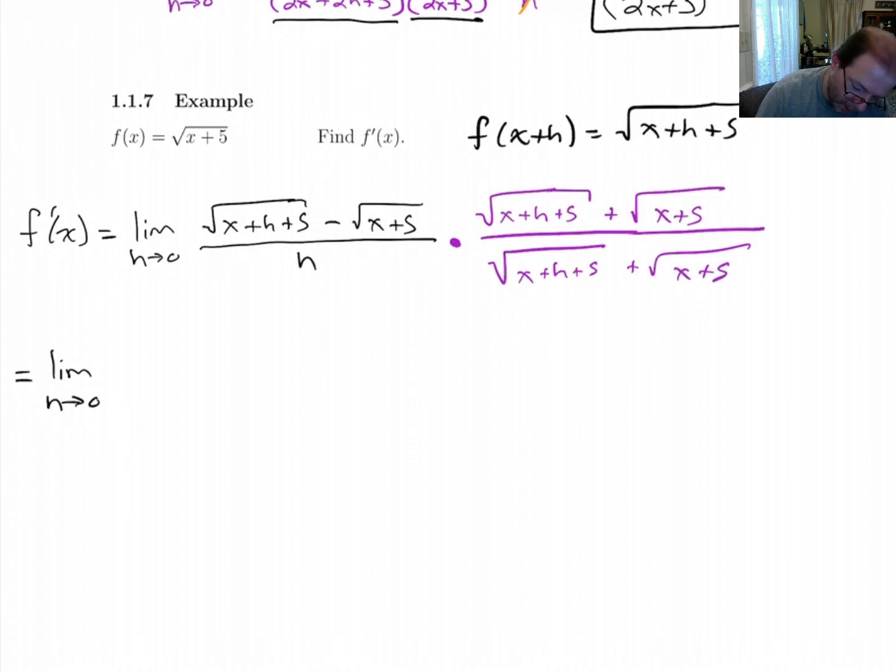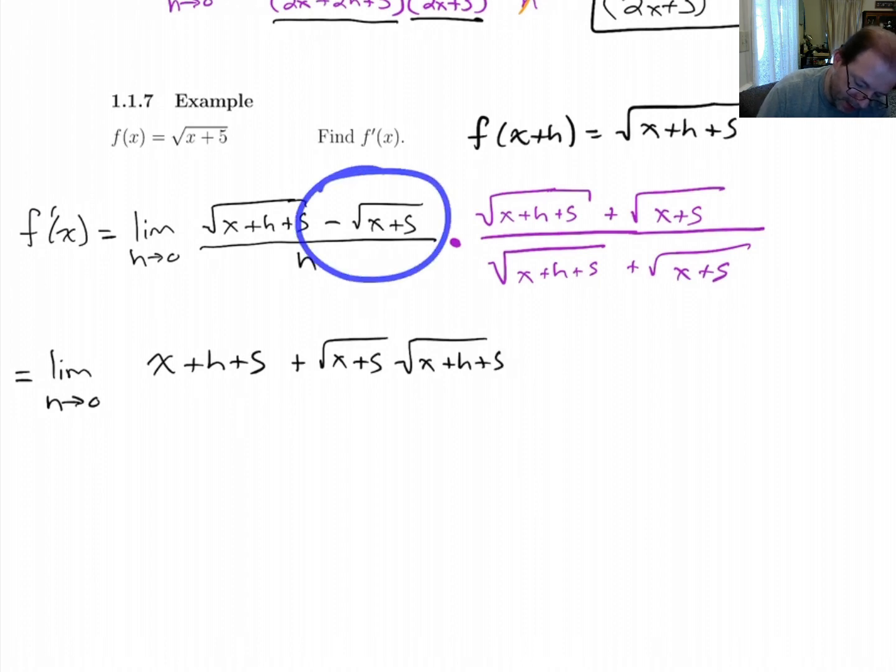All right, when I multiply this and this, I get x plus h plus 5. When I multiply the outsides, I get plus the square root of x plus 5 times the square root of x plus h plus 5.